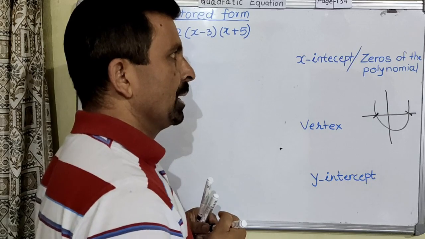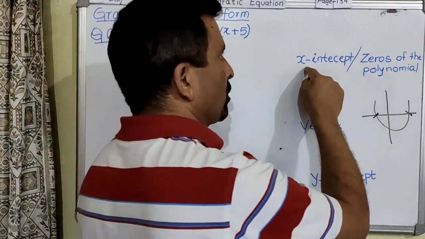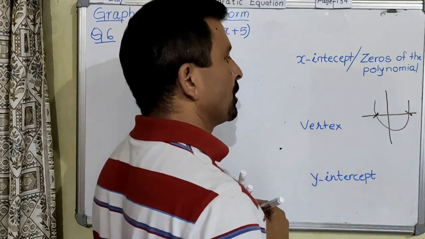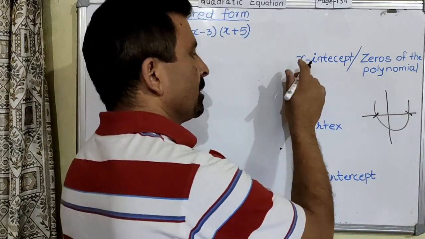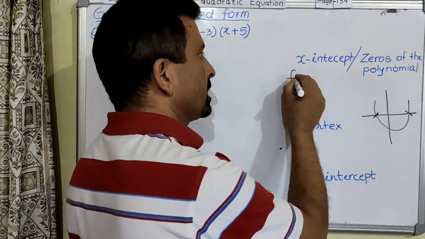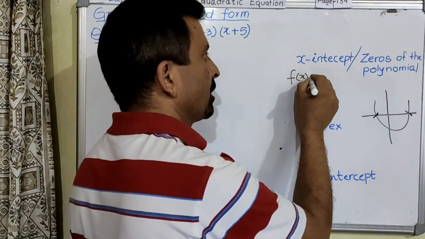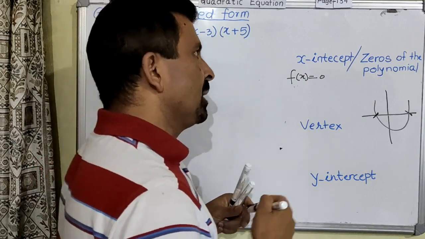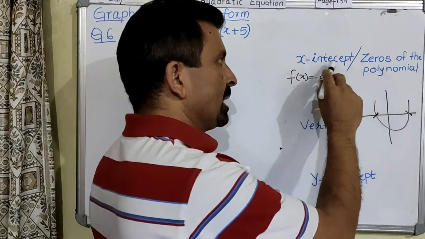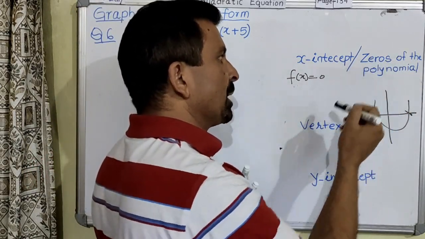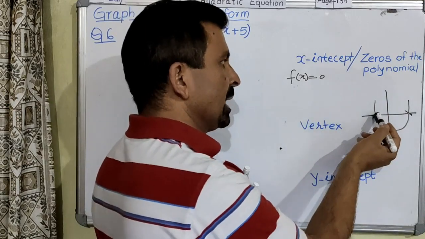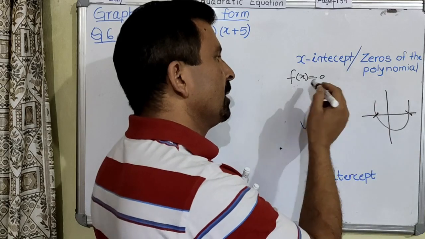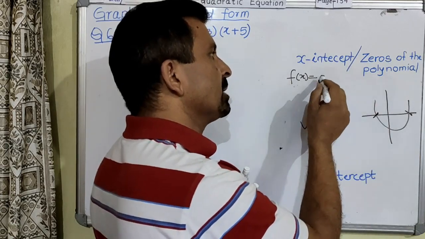Is this very clear? Now, when you are calculating the x-intercept, because these are the 2 points on the x-axis, f(x) will become 0. f(x) means your y. So when you are calculating the x-intercept or the zeros of the polynomial, as you know that the 2 points will be on the x-axis, the value of y will be 0.